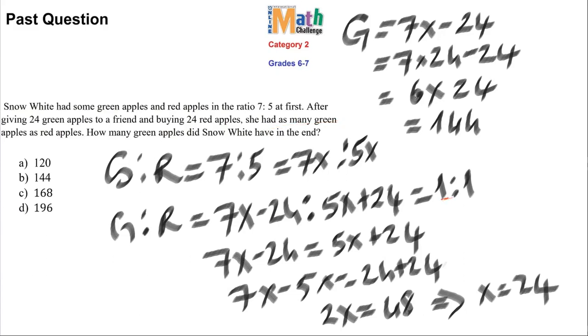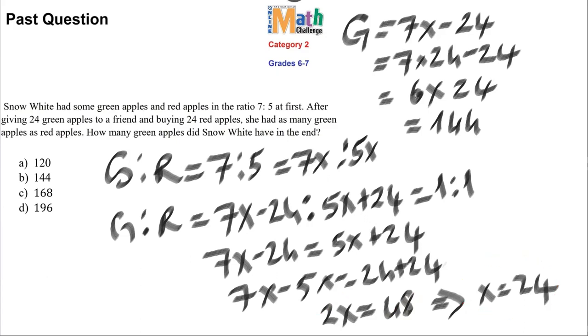So the new ratio will be 1:1. It means these two are equal. Now let's write an equation which shows that they are equal and solve it. Take unknowns on one side, numbers on the other side. So 7x minus 5x is 2x equals 48. Divide both sides by 2, x is 24.